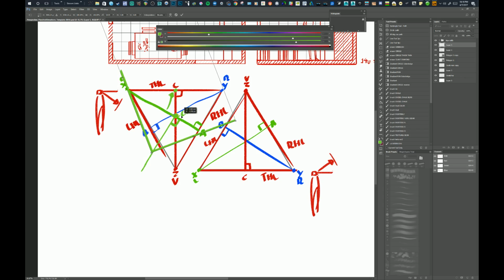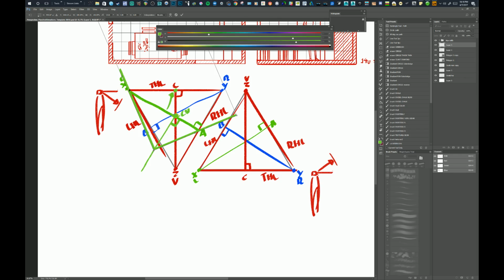But because we're in 3-point and we've already decided the length of our horizon lines, that means we already know the angle at which objects are at the eye, because we already have our left and right vanishing points. So basically what I'm doing is making sure that the 90-degree angle point is along the distance line, because the eye, or the station point, has to be along the distance line.